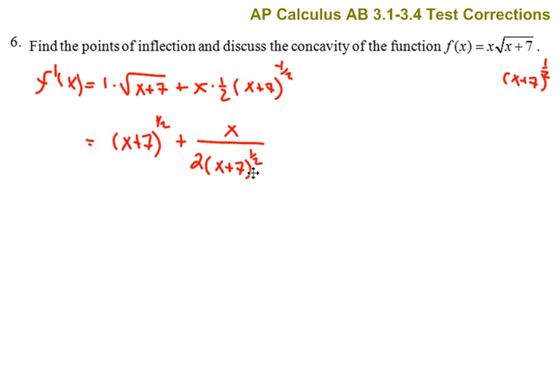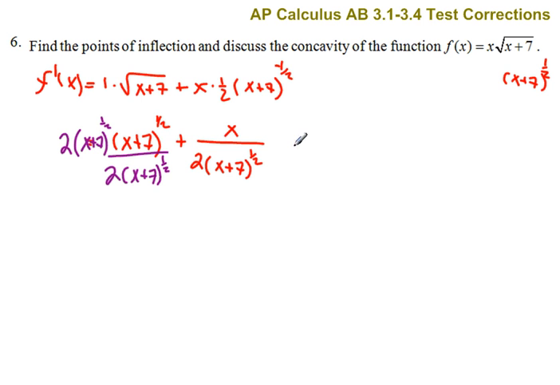So what should we do here? Maybe get a common denominator. And I'll just change my color pens here. So maybe on this side now, I'm going to go ahead and multiply this by 2 times x plus 7 to the 1/2. And then multiply this right here, 2 times x plus 7 to the 1/2.